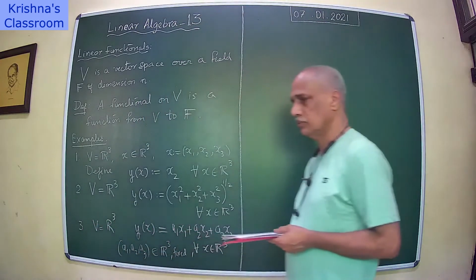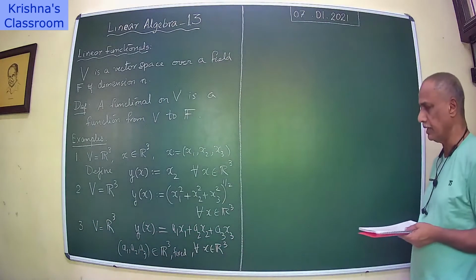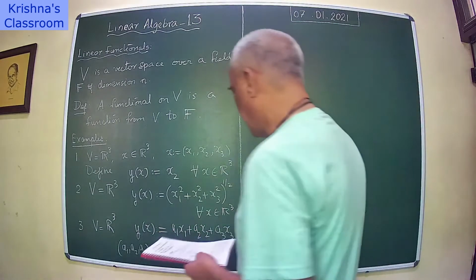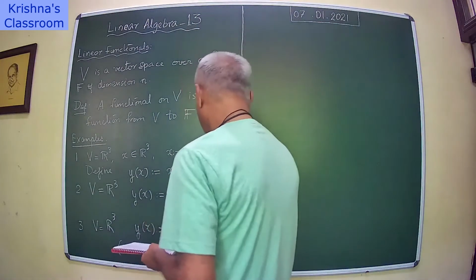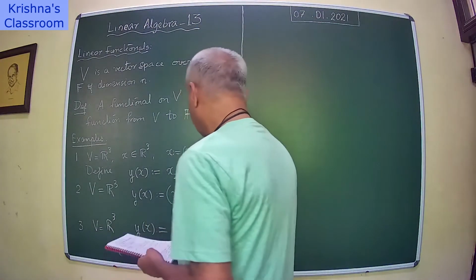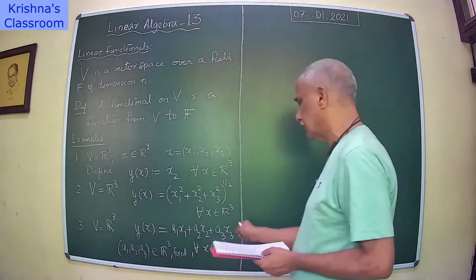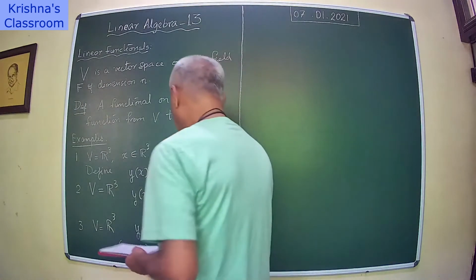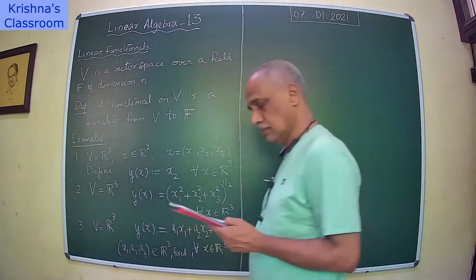That is, the scalars a1, a2, a3 are given, and you work this out for each x. Then this is a real number.